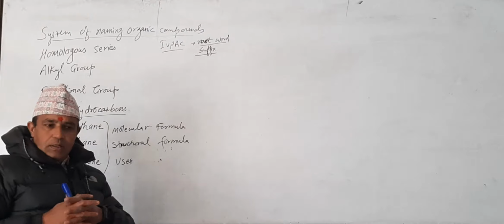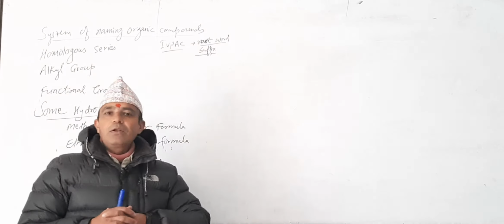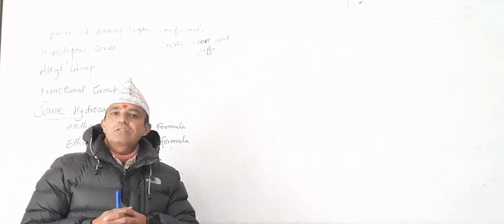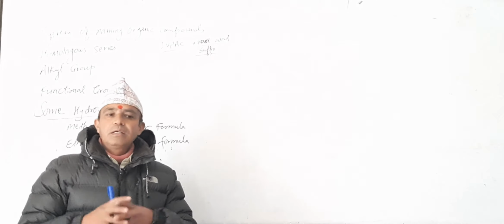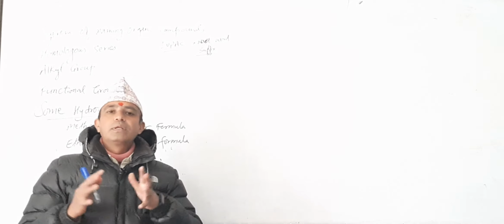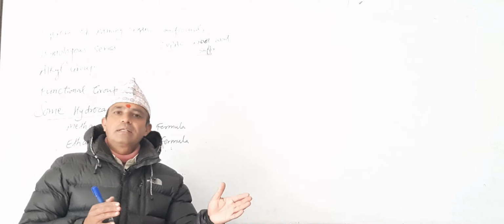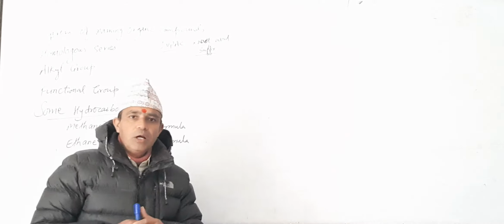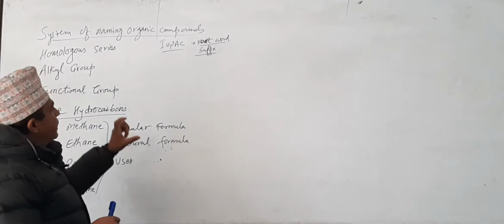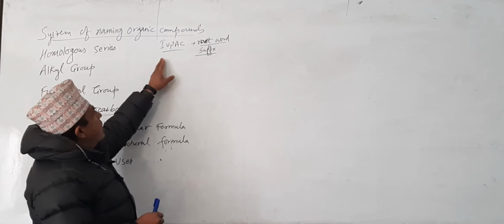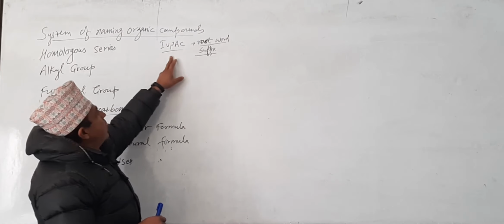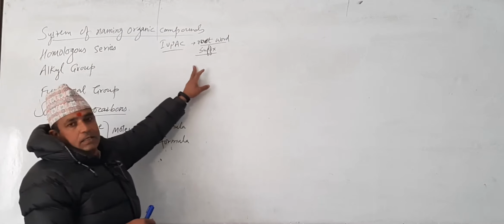When we discuss biology, the naming was started by Carolus Linnaeus and he proposed two names, generic name and specific name. That is in biology. But in organic chemistry, there is one organization, IUPAC, International Union of Pure and Applied Chemistry.